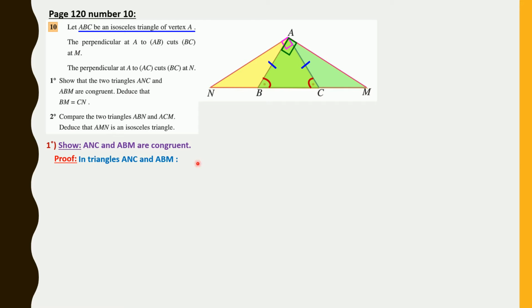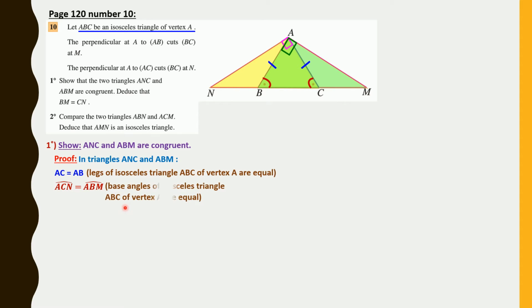So first, in triangles ANC and ABM, AC equals AB, legs of isosceles triangle ABC of vertex A are equal. Then angle ACN equals angle ABM, base angles of isosceles triangle ABC of vertex A are equal.